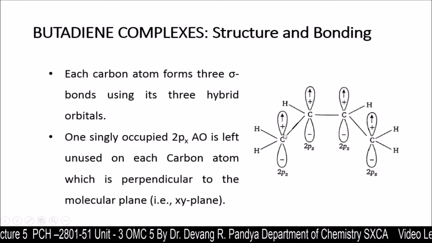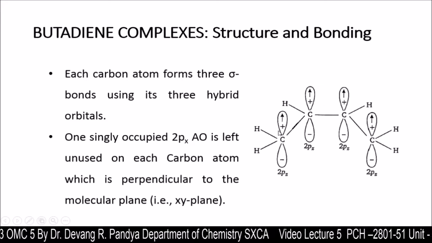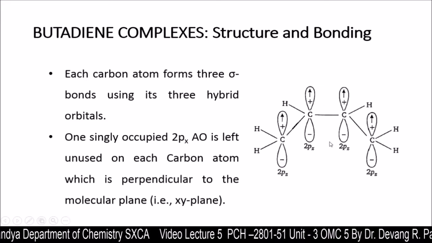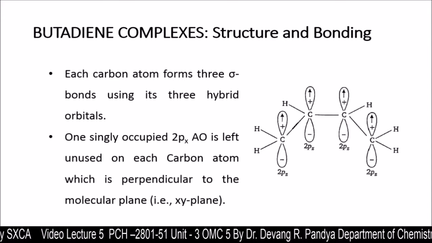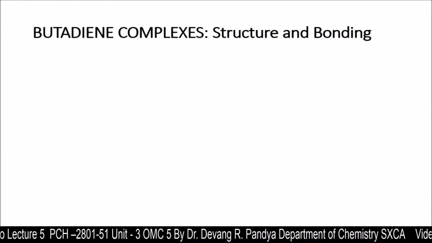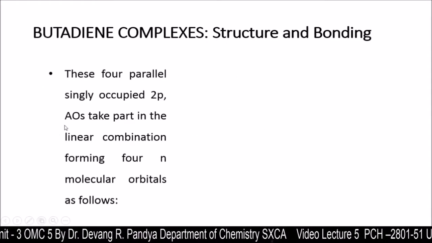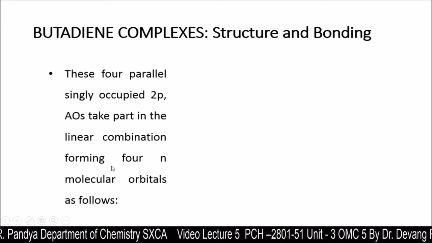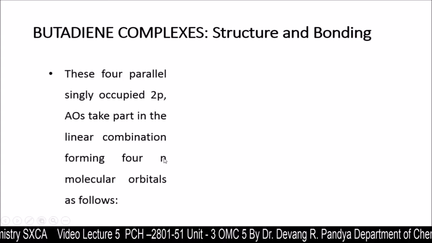So here you can see the planar arrangement, and the p orbital has one unpaired electron, indicated over here as pz. So the 2pz atomic orbital has a perpendicular arrangement of this unpaired electron to the xy plane. These four parallel singly occupied p atomic orbitals take part in linear combination, forming four pi molecular orbitals.